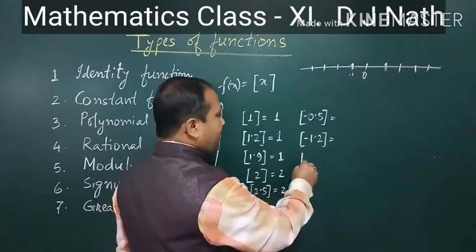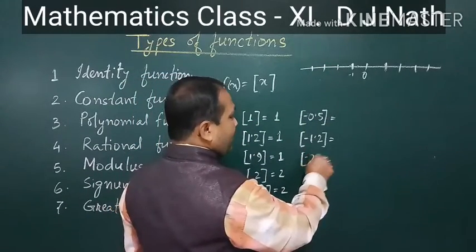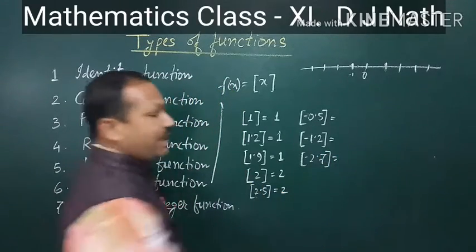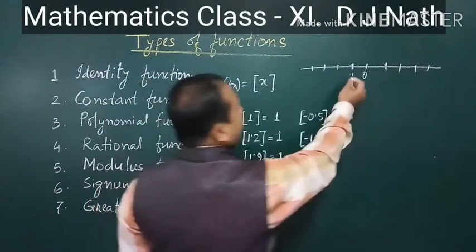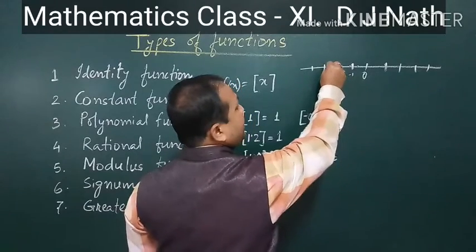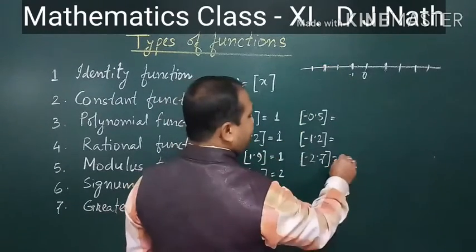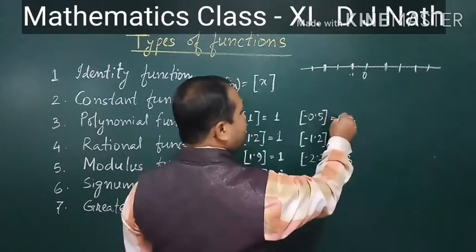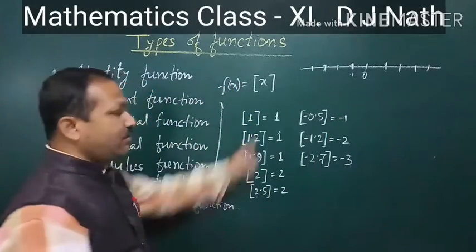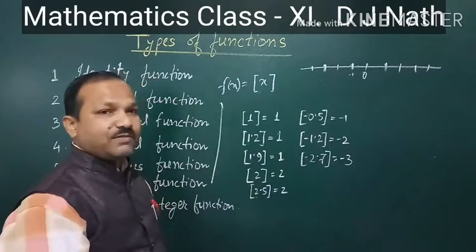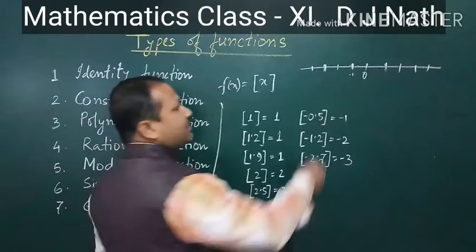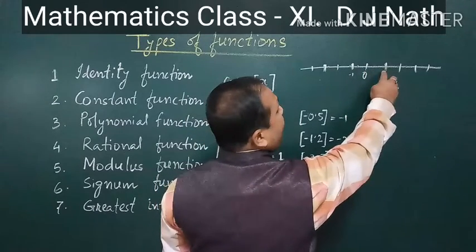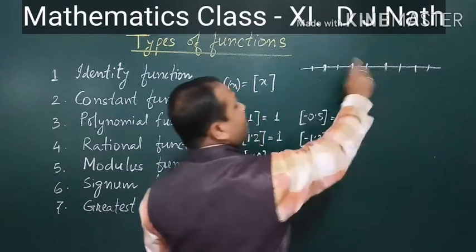Okay, so if it is minus 2.7, what will be the integer? The integer will be minus 3. Always the integer part will come. So what is the meaning of this? From 0 up to 1, whatever values are there, the result will be 0.